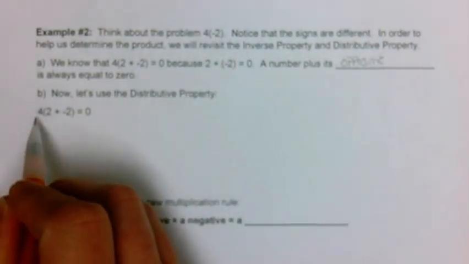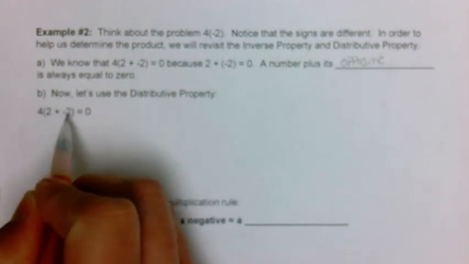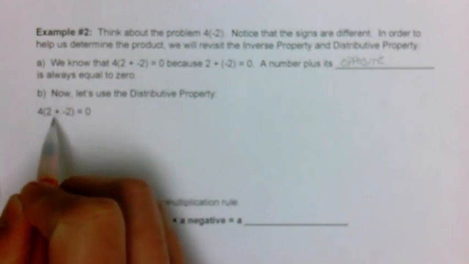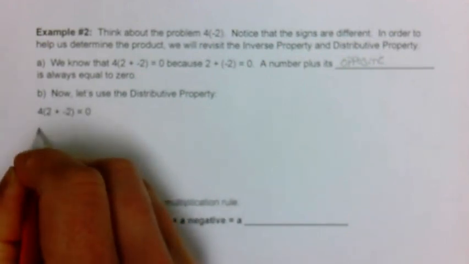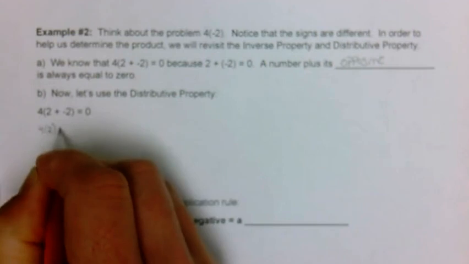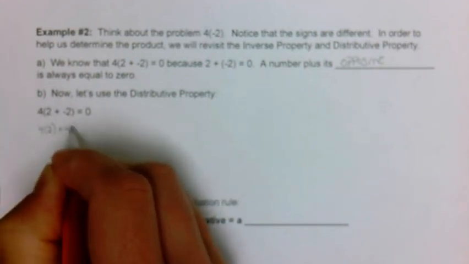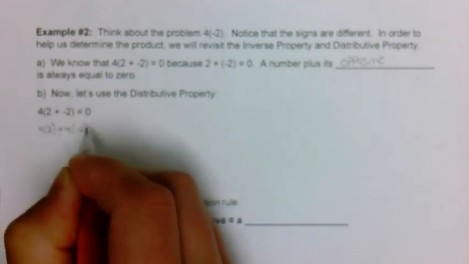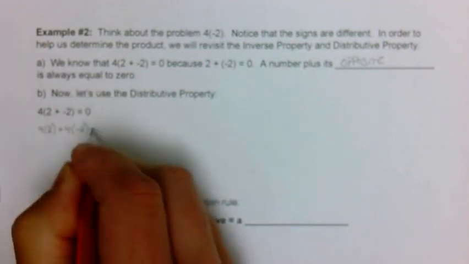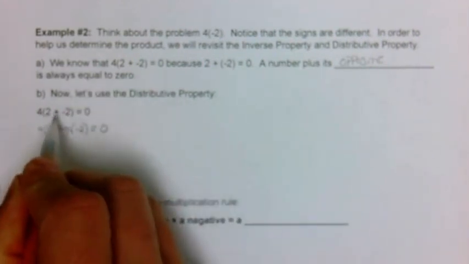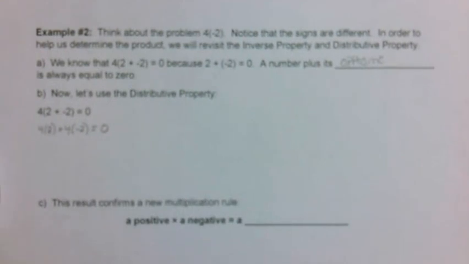Remember that the distributive property says that the factor on the outside will multiply every term inside of the parentheses. So 4 is going to multiply the 2, and 4 is going to multiply the negative 2. And remember that this all has to be equal to 0, because in the parentheses this was equal to 0.